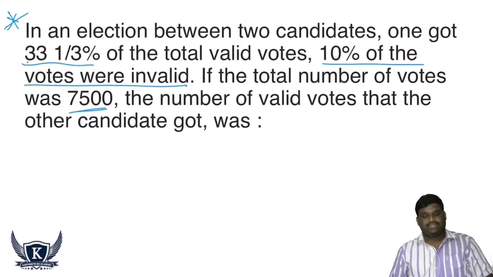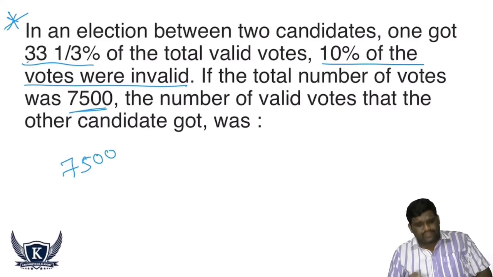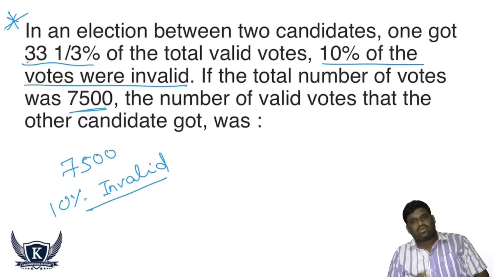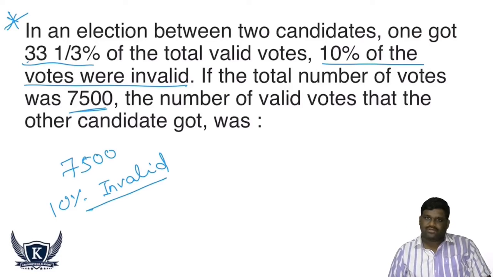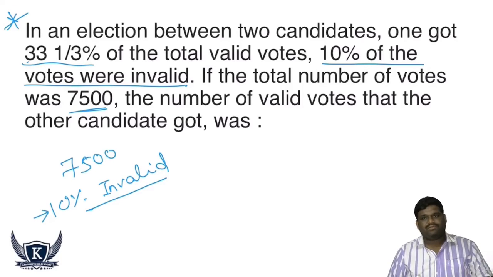Election based question. See, total votes are 7500, in which 10% are invalid. So to declare winner or loser, only valid votes will be taken into consideration. So these 10% of votes will be taken out.